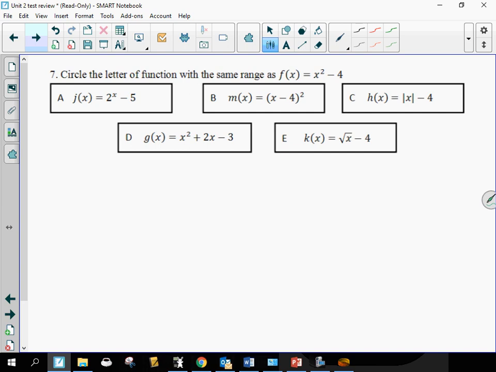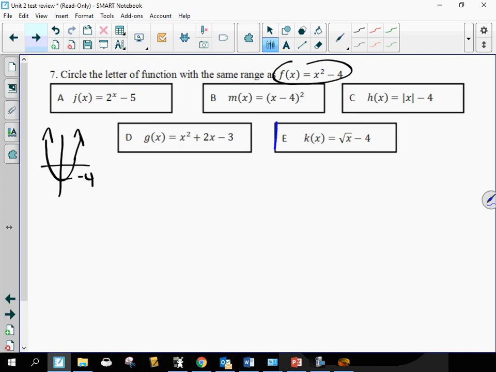Okay, so circle the letters of the function now. F of x equals that. So this is going to be a quadratic that's been shifted down 4. Any function that has a similar shape but has been shifted down 4, or any function that has this same domain.